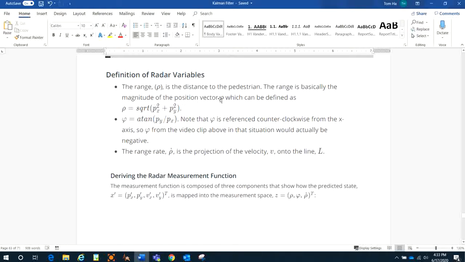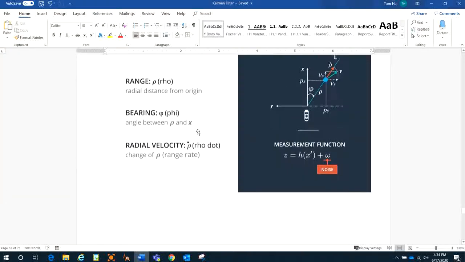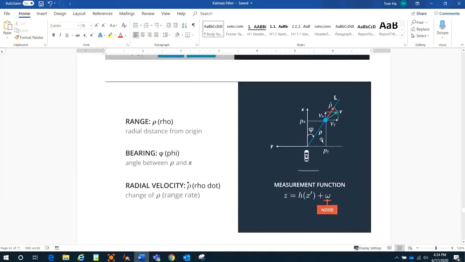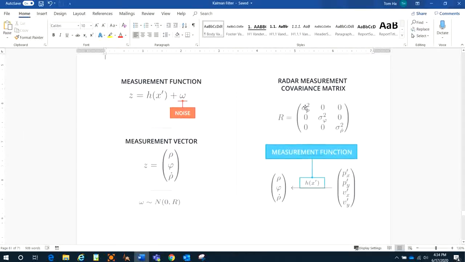Rho, the distance to the pedestrian, is basically the magnitude of the position vector. We can define phi as arctangent of py over px. If you don't know, you can look at the geometry here with px, py, vx, vy to get the relation between the Cartesian and polar coordinate systems.